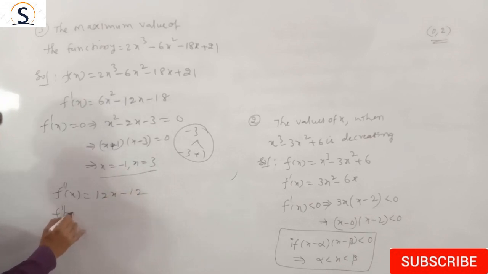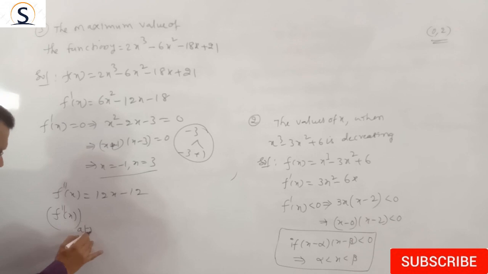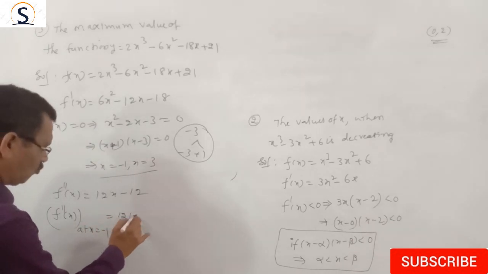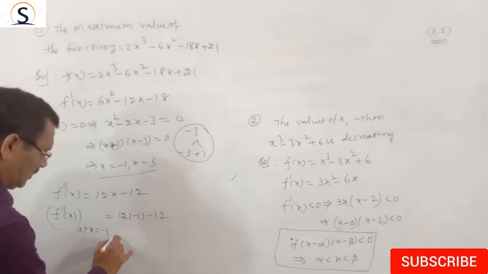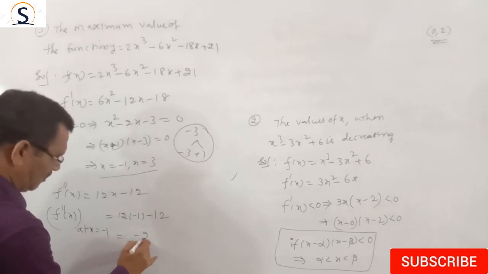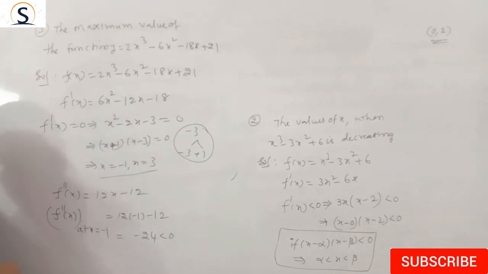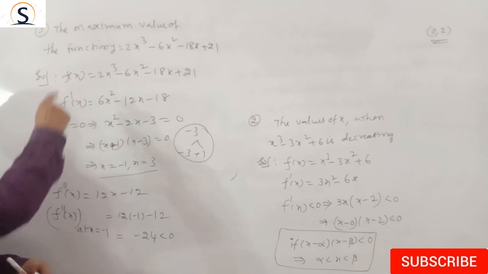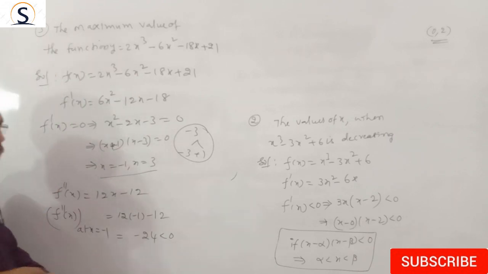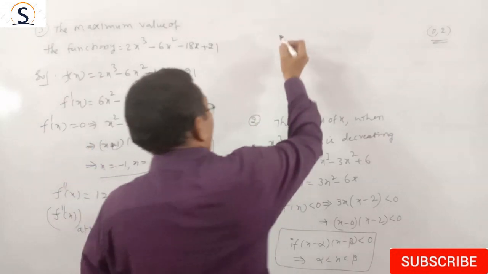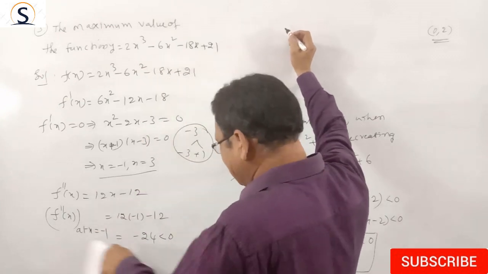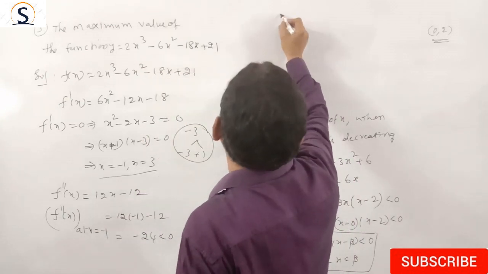Now f double dash of x at x is equal to minus 1 is equal to 12 into minus 1 minus 12. This is minus 12 minus 12, minus 24, which is less than 0. Whenever f double dash of x is less than 0, you get maximum value. You want maximum value only, so f double dash of x is less than 0 at x is equal to minus 1.